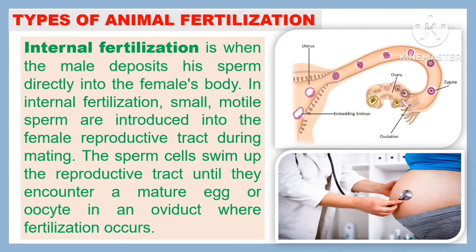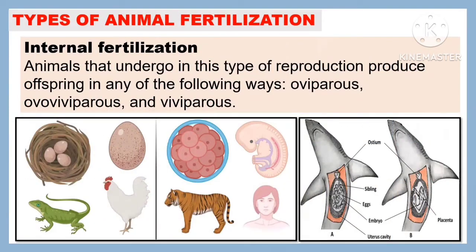The sperm cells swim up the reproductive tract until they encounter a mature egg or oocyte in an oviduct where fertilization occurs. Animals that undergo this type of reproduction produce offspring in any of the following ways: the oviparous, the ovoviviparous, and the viviparous.